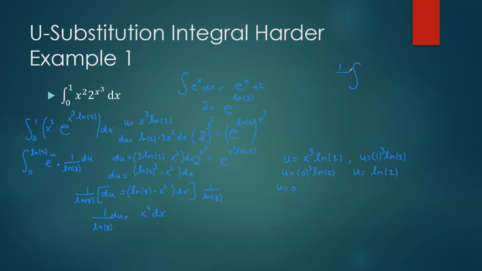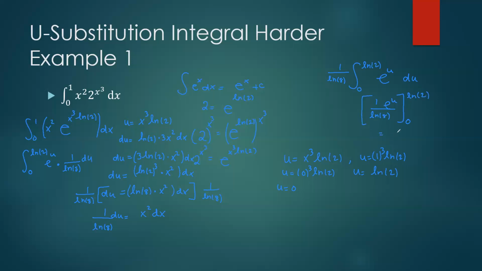So it'd be 1 over ln of 8, and then it's 0 to ln of 2, and then it's going to be e to the u du. Okay, so what is the integral of e to the u? It's just e to the u. And then remember, we still have to bring this 1 over ln of 8. Then you could do your boundaries. So our new boundary is 0 to ln of 2.